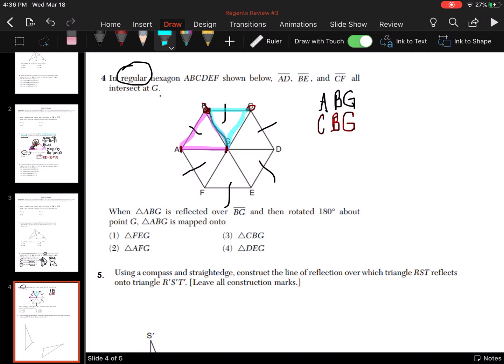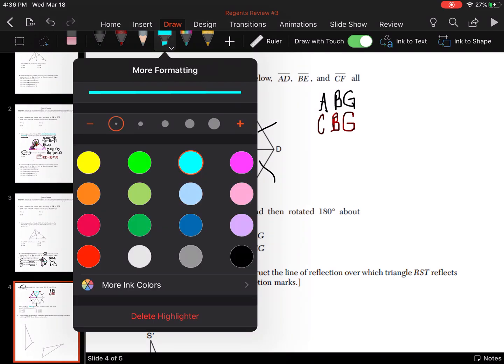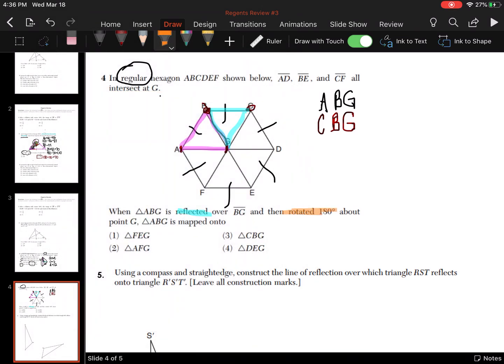Okay, then, so we reflected it. Now we're going to rotate it. We'll go with orange. Now we're going to rotate it 180 degrees. So a rotation is going to spin it. So we're going to spin it 180 degrees, which means this triangle is going to spin 180 degrees and end up there.